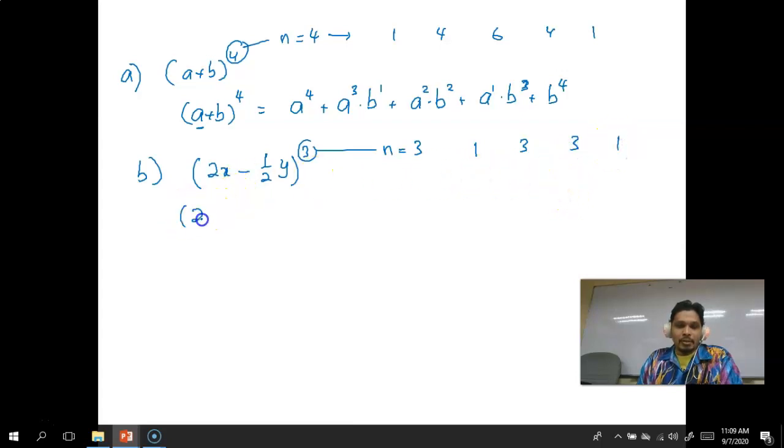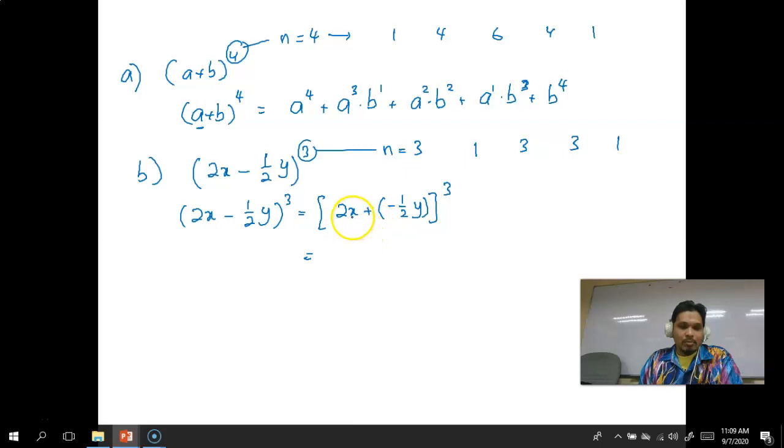So now, (2x minus half y) cubed equals, we just imagine that here, which is 2x plus negative 1 over 2y, cubed.